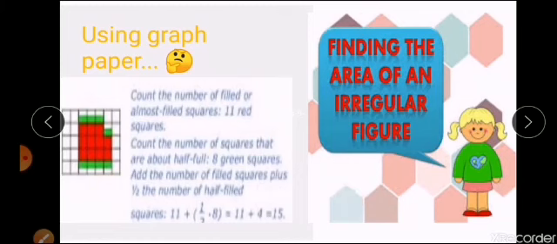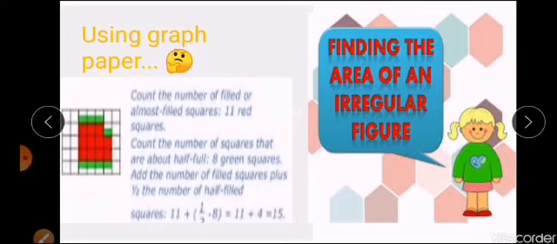Now remove the irregularly shaped solid, so that you get an irregular shape on your graph paper. Next, count the complete number of squares within the outline you have taken. Count the number of complete squares first. Second step, count the number of squares within the outline which are half or more than half.